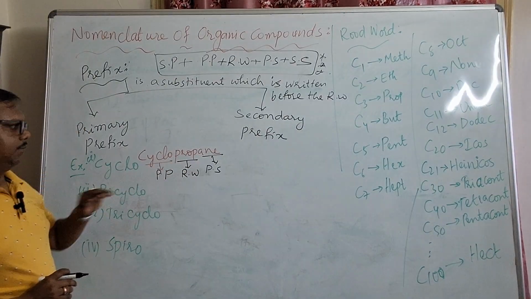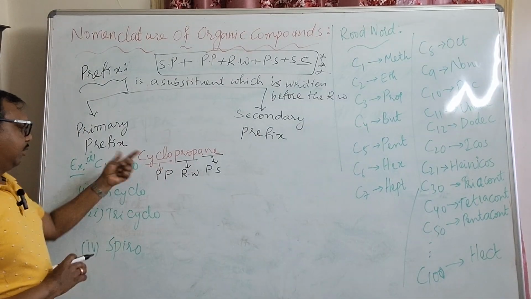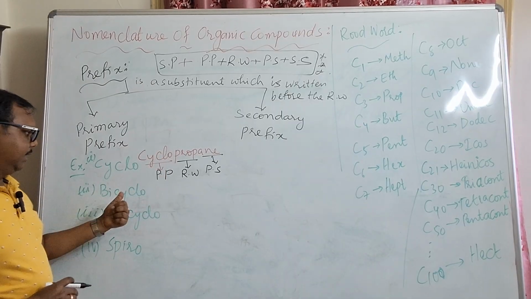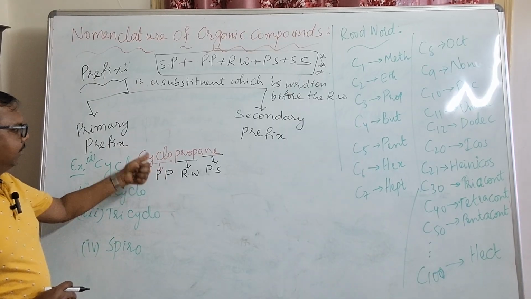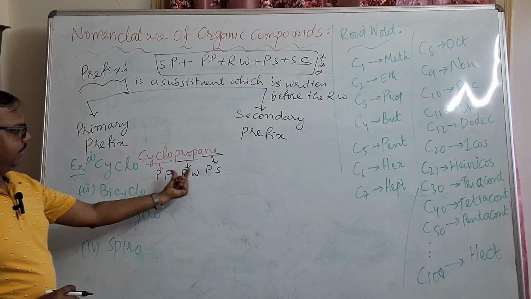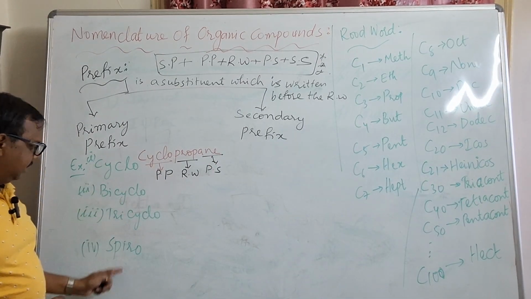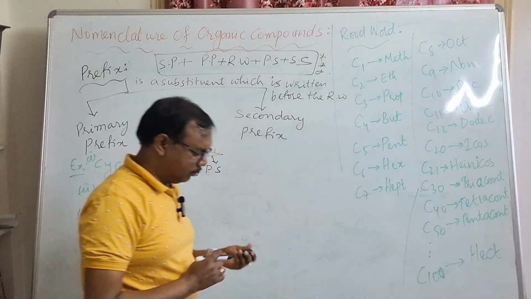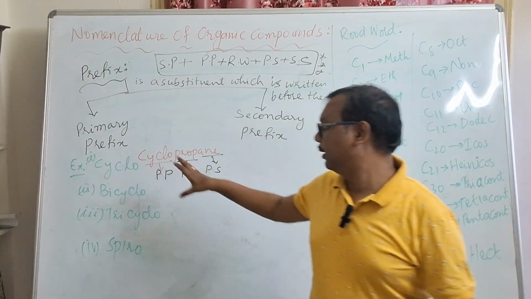Similarly bicyclo: primary prefix, root word, primary suffix. Similarly spiro, bicyclo, tricyclo, we'll go through this one by one, don't worry about that. When we go through the nomenclature of that, we'll go through here.